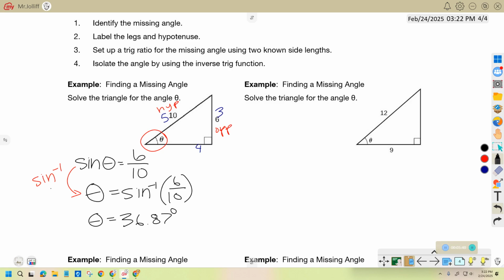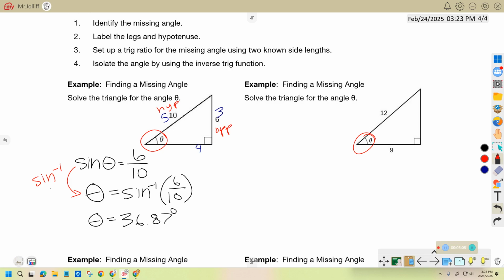And I need some people to help me. Nati, what is the first thing I should do? Step 1. You're on step 2, but I'll go with it. I know where my angle is. Label the sides of the triangle relative to that angle. Good. So which two sides do we see?